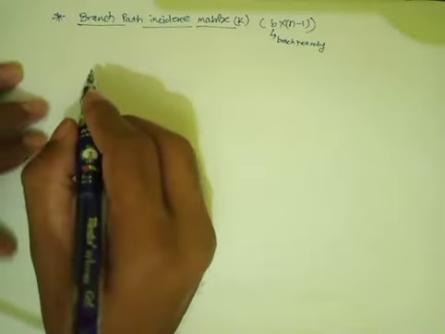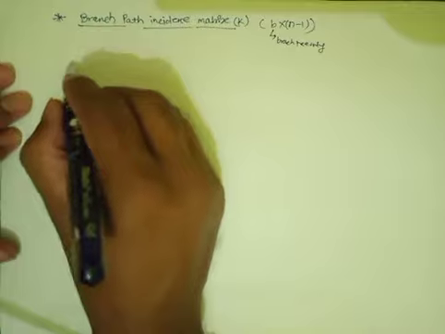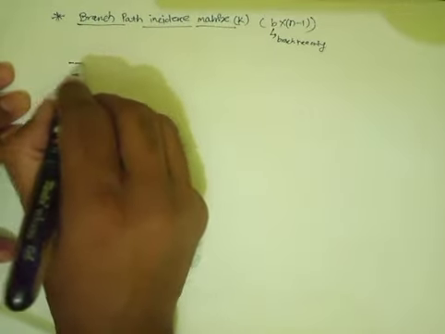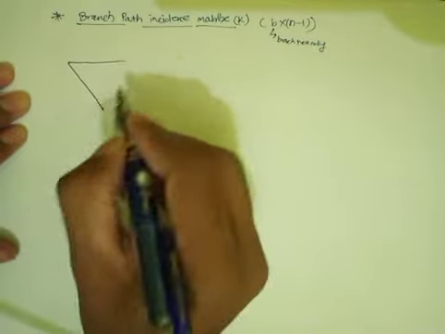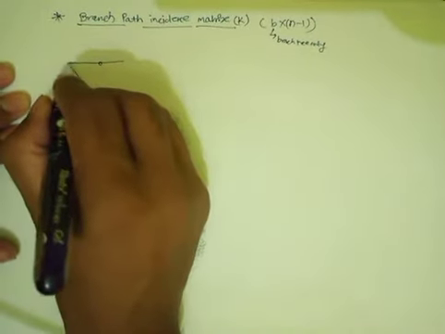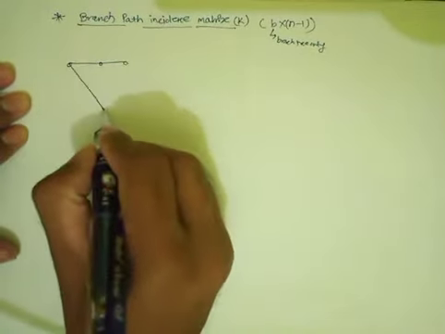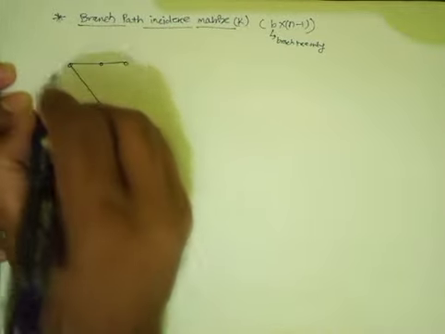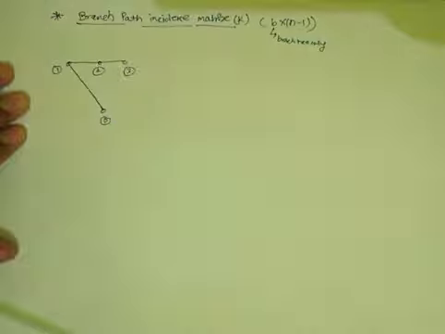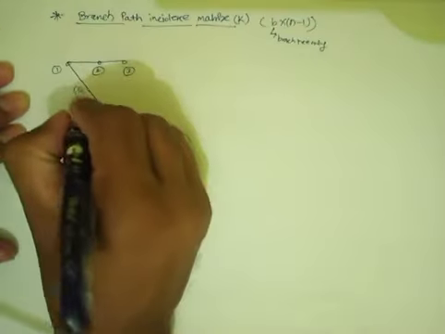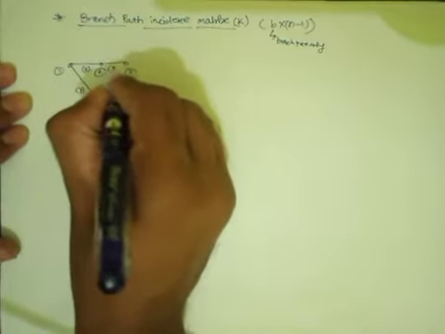So this was the oriented network which we considered. This was the tree we are considering for forming different matrices. This is node number 0, 1, 2, 3. This is branch 1, branch 2, branch 3.